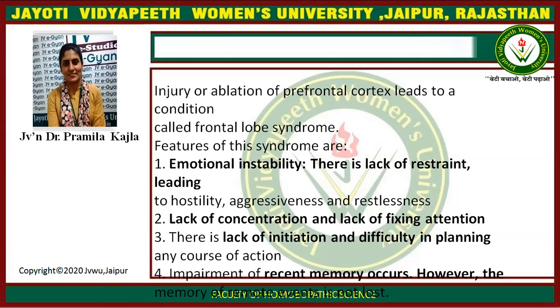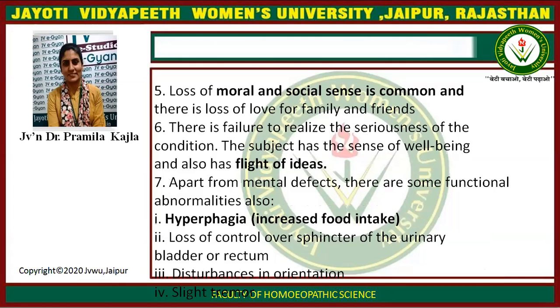Impairment of recent memory occurs, however, the memory of remote events is not lost. Loss of moral and social sense is common, and there is lack of love for family and friends. There is failure to realize the seriousness of conditions. The patient has the sense of well-being and also has flight of ideas.